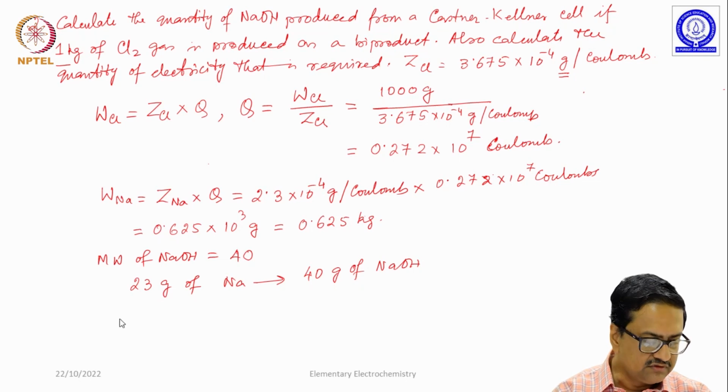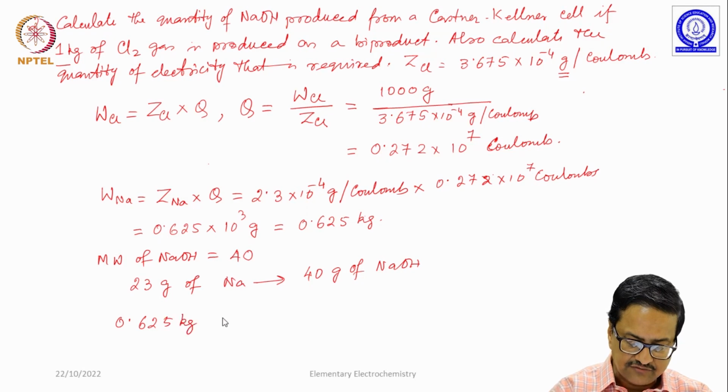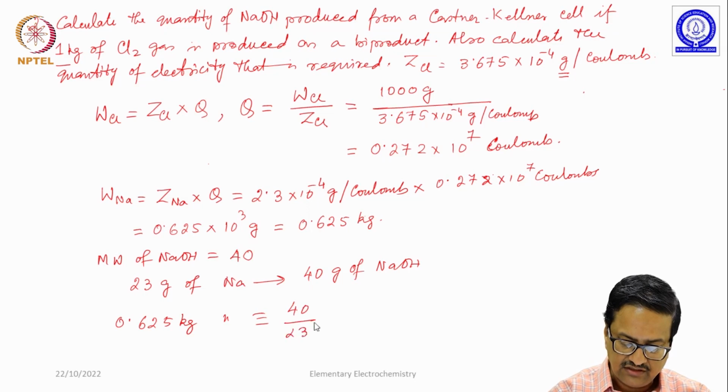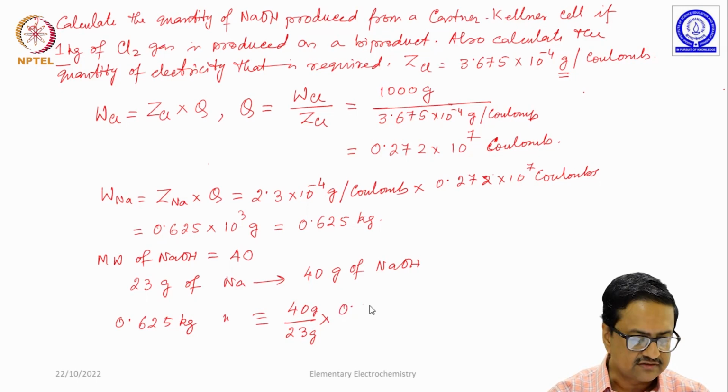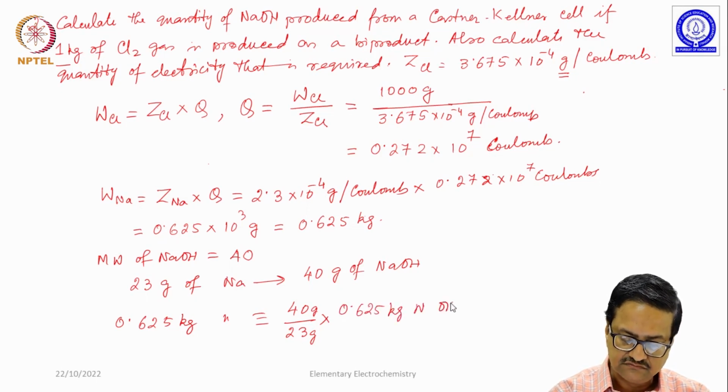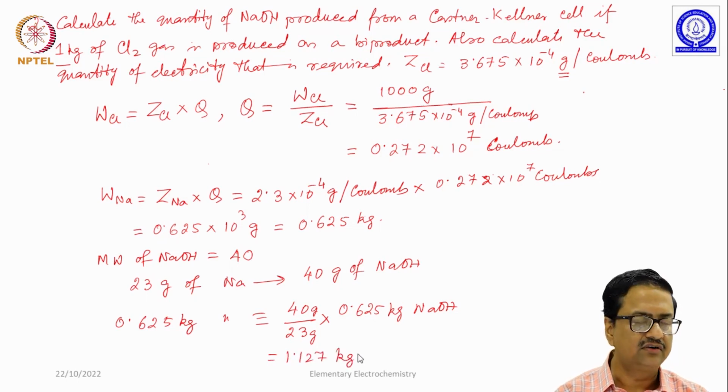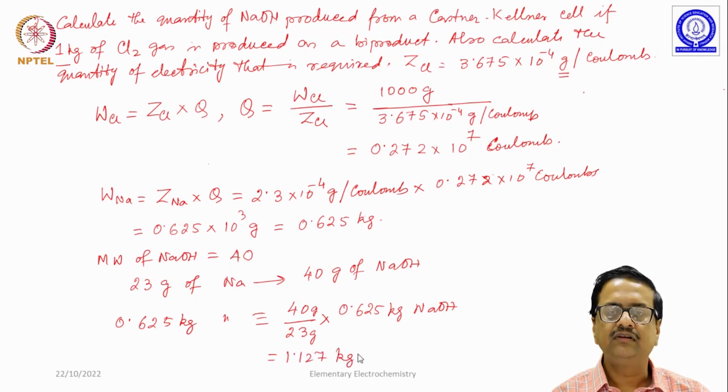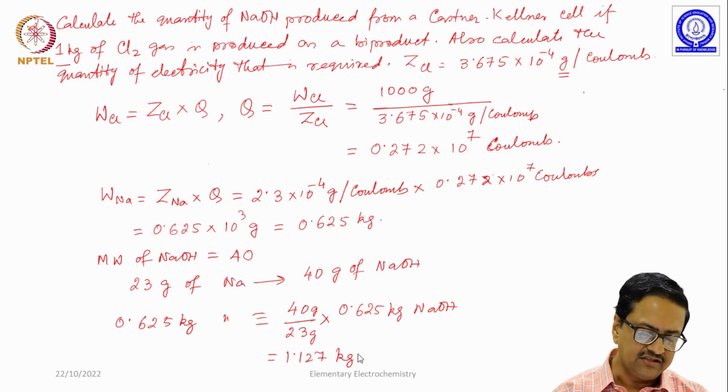Then 0.625 kg of sodium will correspond to 0.625 into 40 by 23; both are in gram, so the gram gets cancelled, giving 1.127 kg of sodium hydroxide that will be produced when 1 kg of chlorine gas is released at the anode chambers.